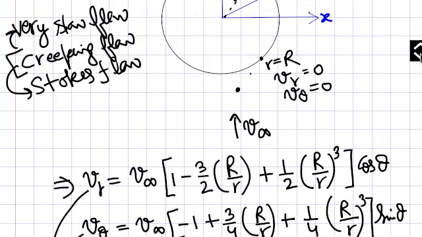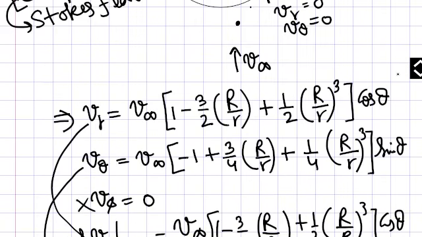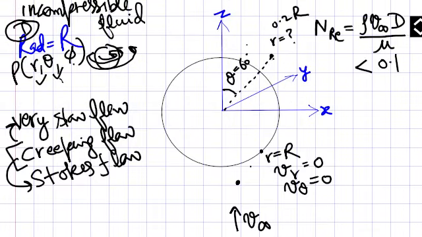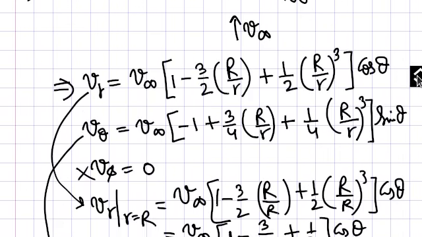So you put all these values here, you will get both the components of velocity. Some component of Vr will come, and V theta will come this way, Vr will come this way. So you will find that the velocity is in this direction.